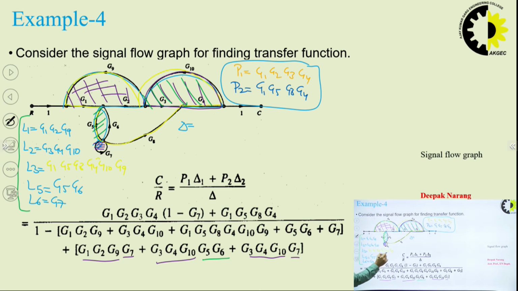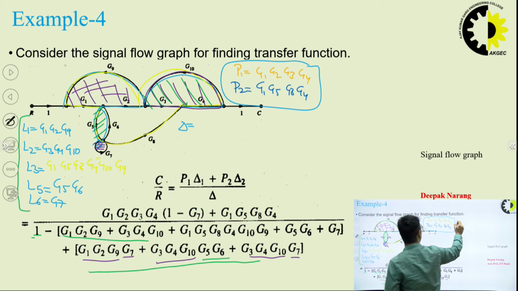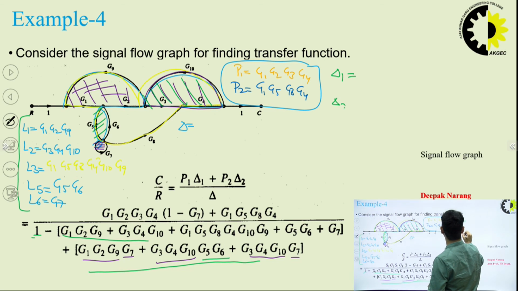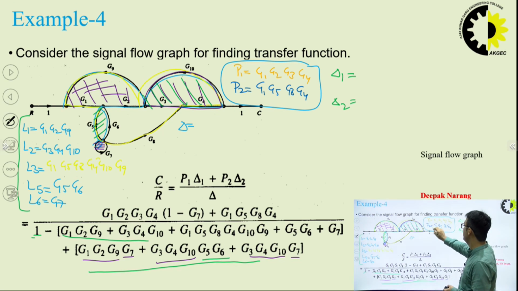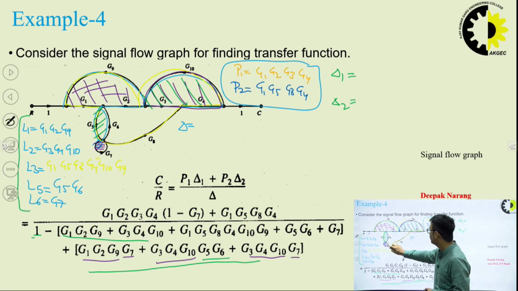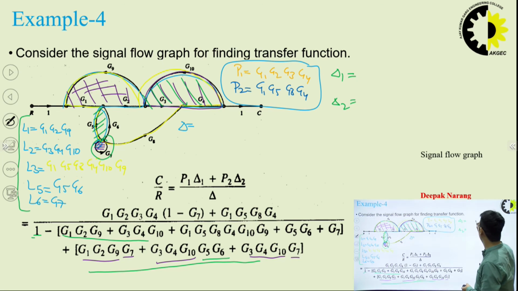So we can simply write delta equal to 1 minus the sum of individual loop gains plus the sum of products of loop gains which are non-touching with each other. Now let's find delta 1 and delta 2. The forward path G1, G2, G3, G4 is non-touching with the G7 loop, so delta 1 becomes 1 minus G7.